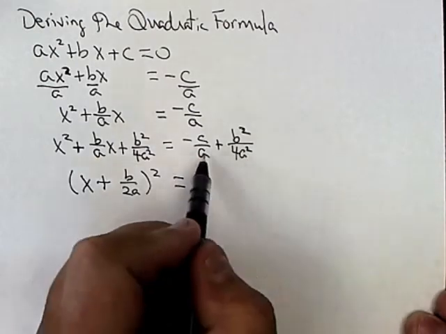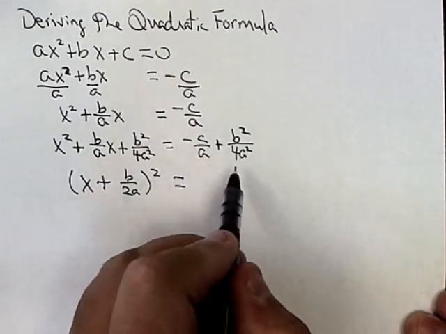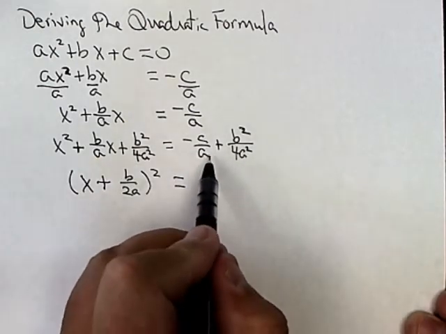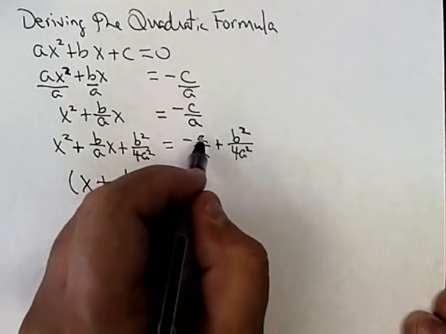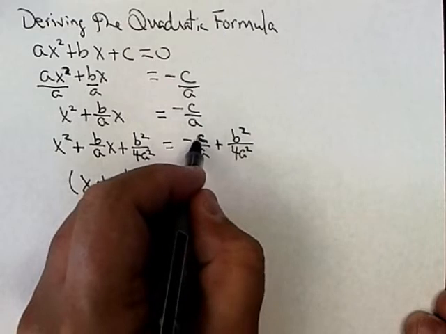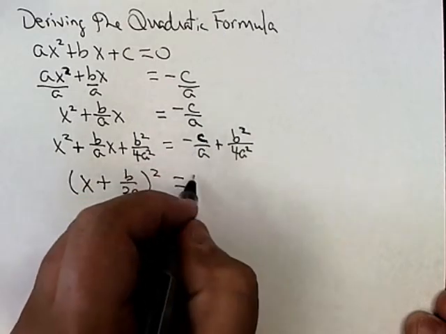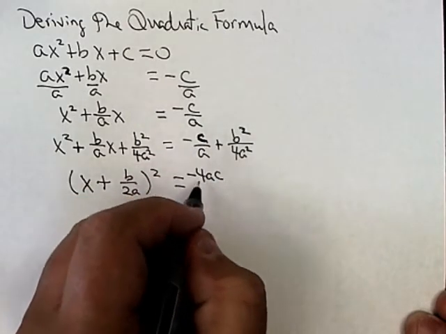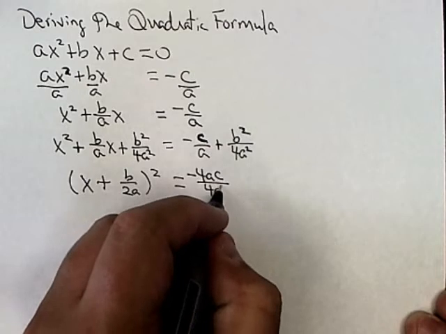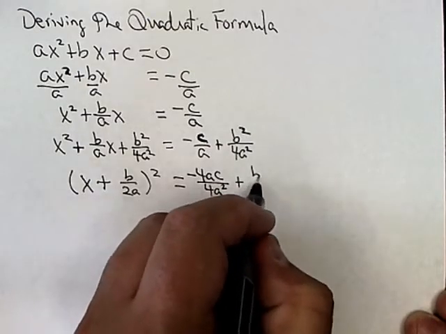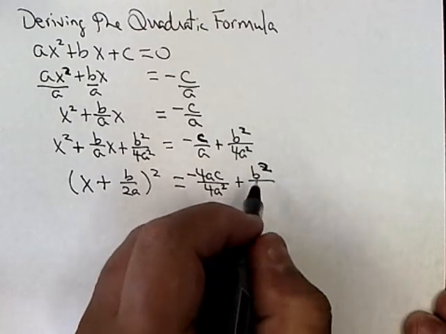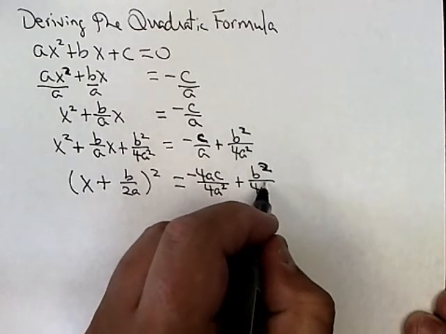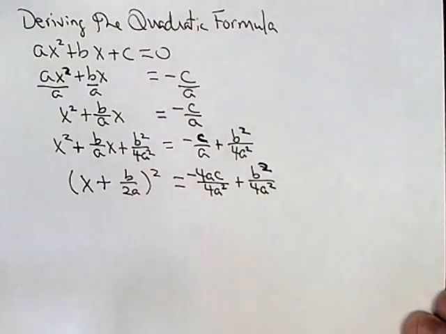On the right, we can't add these two fractions unless we get a common denominator. So I need to multiply the top and bottom of this first fraction by 4a, and that'll give me a common denominator of 4a squared. So if I take the numerator and multiply by 4a, I get minus 4ac over 4a squared. And now the second fraction already has the correct denominator.